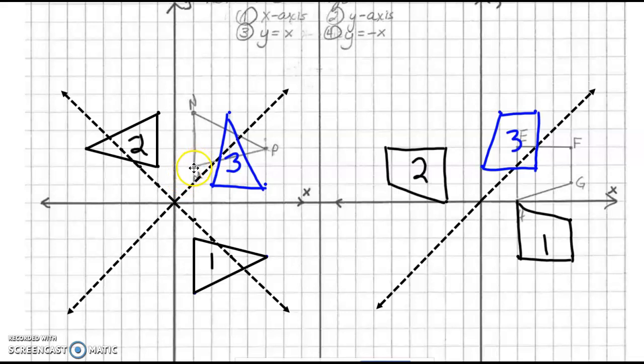Point M goes through 1.5 squares to get to our dashed line here. So I'm going to have to go through 1.5 squares on the other side diagonally to get to the point M prime. So 1.5 this way, 1.5 that way, and there's my point M prime.